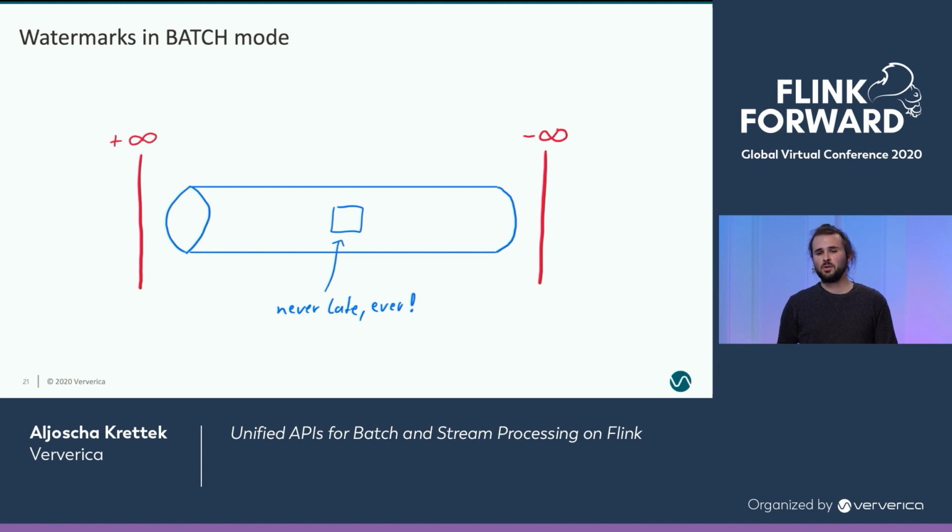In batch mode, it will behave differently. In batch mode, there's no infinite stream of data. You don't have to keep track of the time in your data. You have this one batch of data, and you know where it starts, you know where it ends. So logically, the system will have the watermark at -infinity before processing the data. It will process the data.